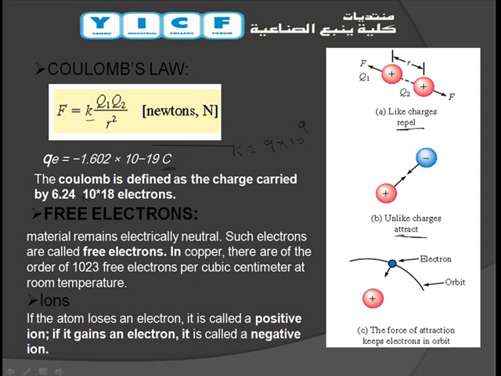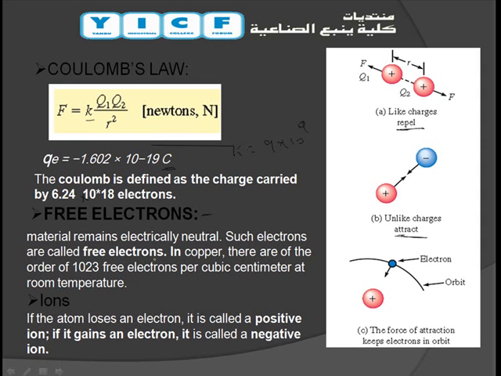The force of attraction keeps the electrons in orbit around the nucleus. Thus, what causes an electron or charge to move in an element? Material actually remains electrically neutral. Such electrons are called free electrons.